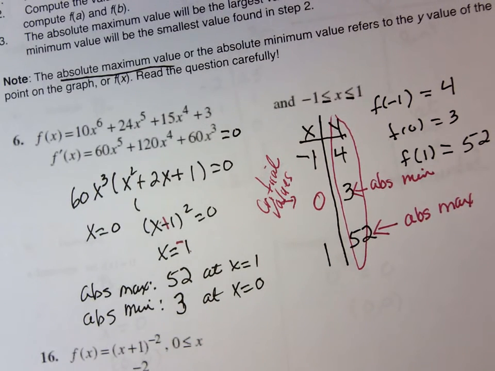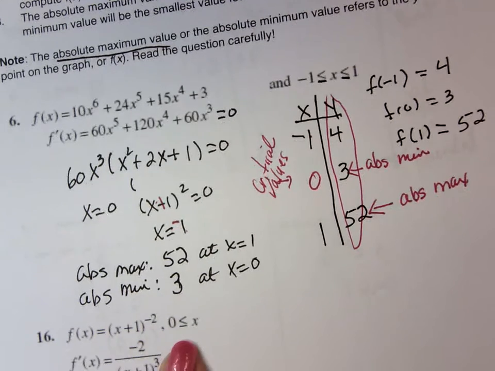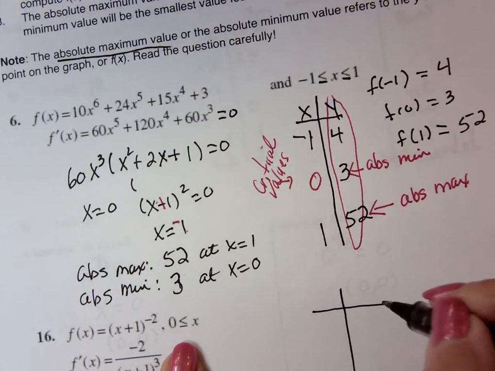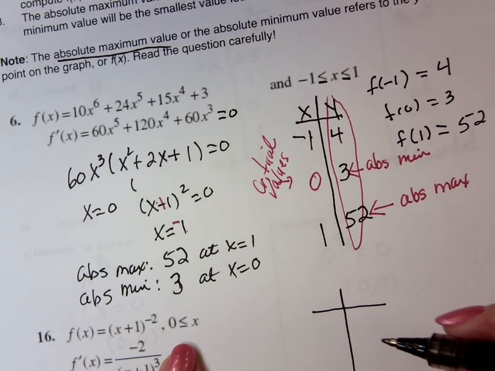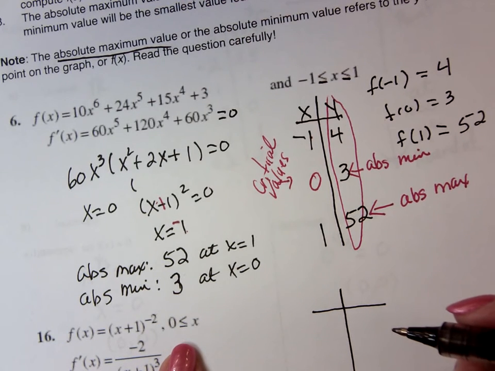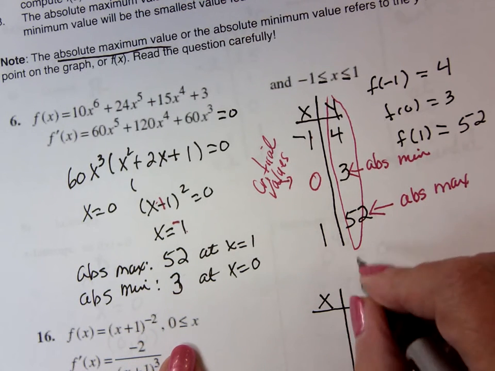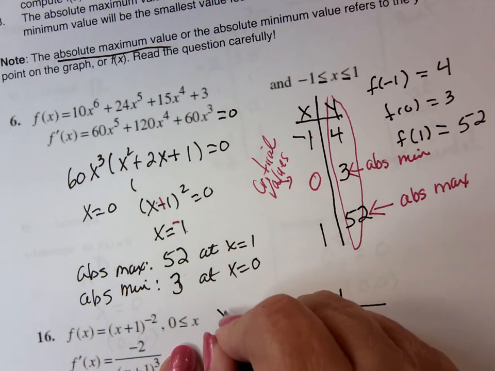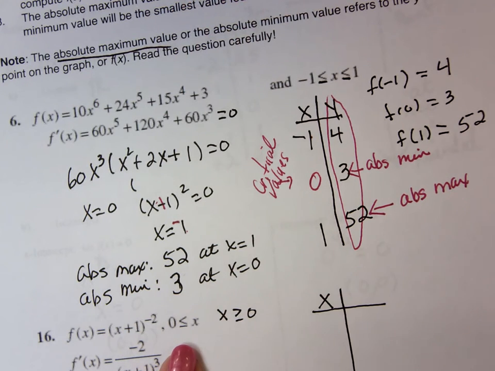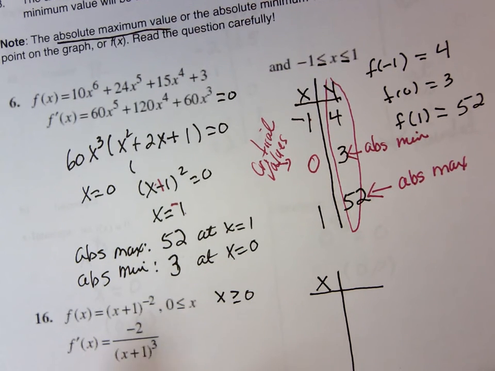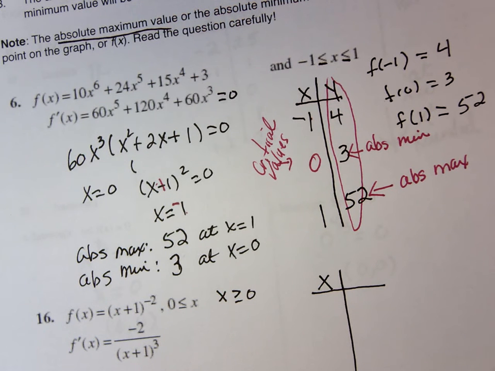So, ooh, this is interesting. X is greater than or equal to 0. I don't like it written that way. The little pointy thing always points to the smaller number, or the alligator always eats the bigger.